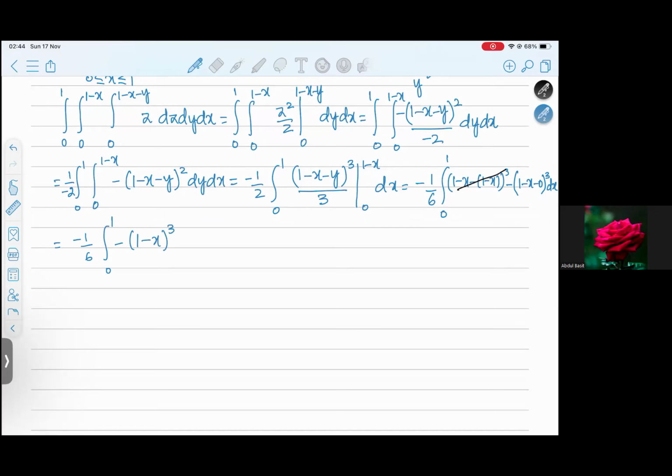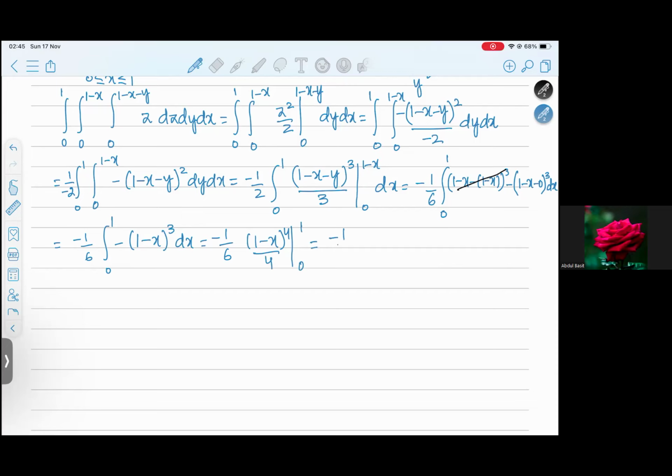So the integral will be the integral from 0 to 1 of minus 1 minus x whole cube dx. Okay, so again, 1 minus x is a function of x, and its derivative is -1, which is being multiplied with it outside. So I can just write this as 1 minus x whole to the power 4 divided by 4, and evaluating this at its limits 1 and 0.